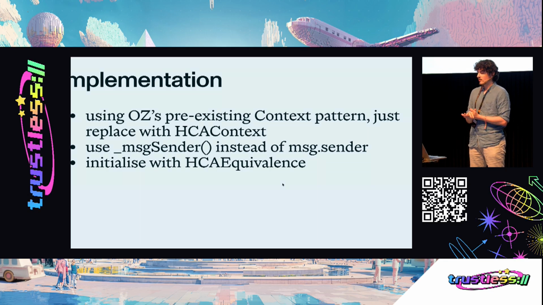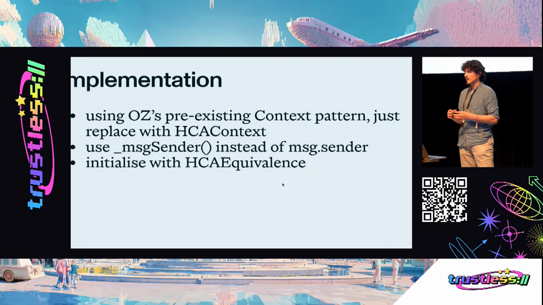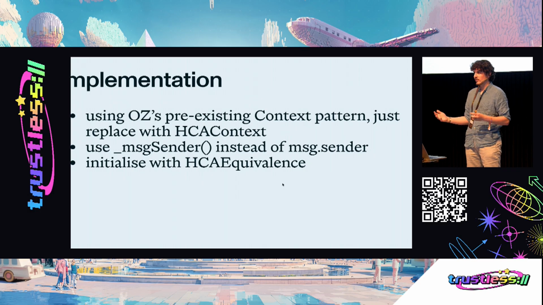So on the implementation, we've chosen to go with OpenZeppelin's pre-existing context pattern, which establishes a message sender function that you should call instead of msg.sender whenever you're using a Solidity function. And we're just replacing it with HCA context, which I'll show you in a second. It's a very simple implementation, but for a developer who wants to utilize HCAs, this is literally all that you need to do from a contract side to be able to recognize HCAs.